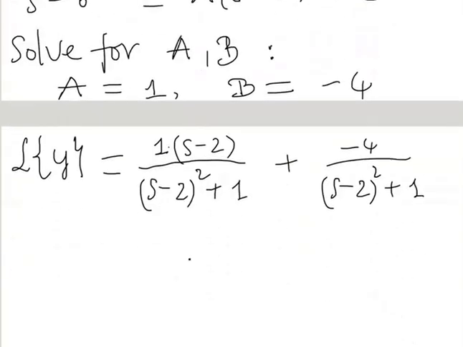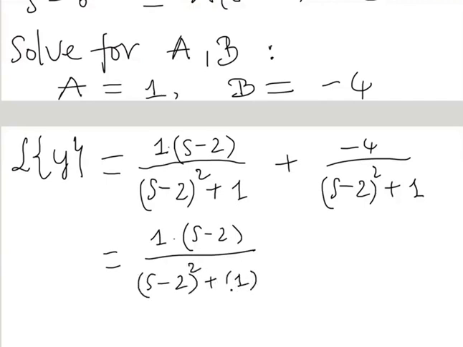Now 1 is actually 1 squared, so if you prefer, we could write (s minus 2) squared plus 1 squared over here, minus 4 times 1 over (s minus 2) squared plus 1 squared.